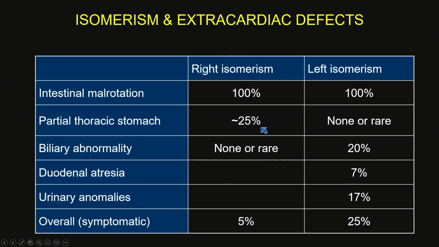You can have hernias with right isomerism, biliary atresia you have with left isomerism, and that's always important to counsel as well, because biliary atresia means potentially even a liver transplant if you are very unlucky, but needs a surgery after birth. Duodenal atresia, urinary tract abnormalities, so a significant number of non-cardiac abnormalities with left isomerism, more than with right.